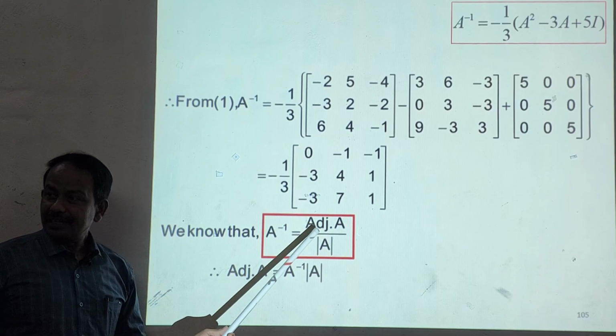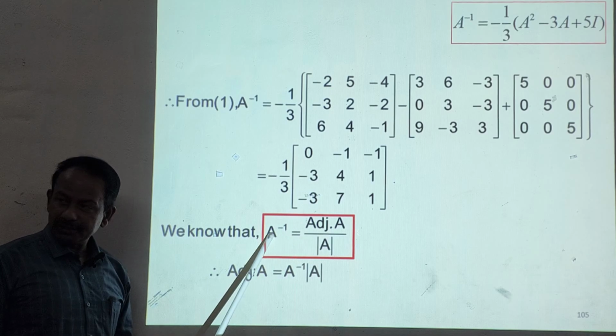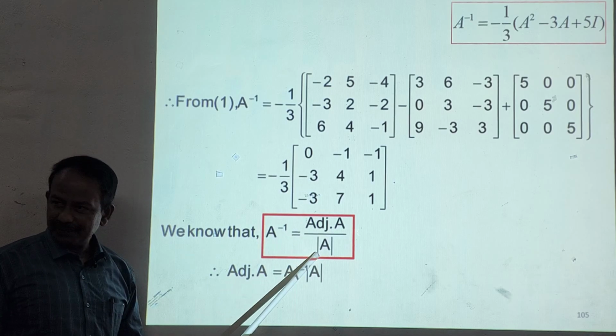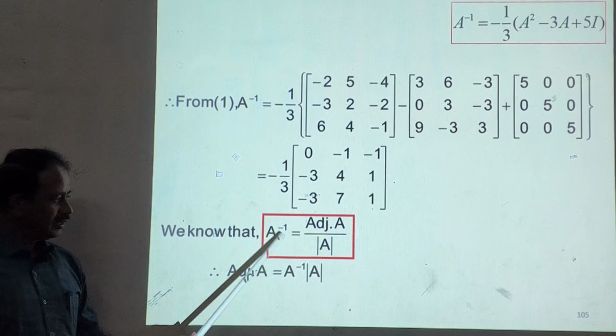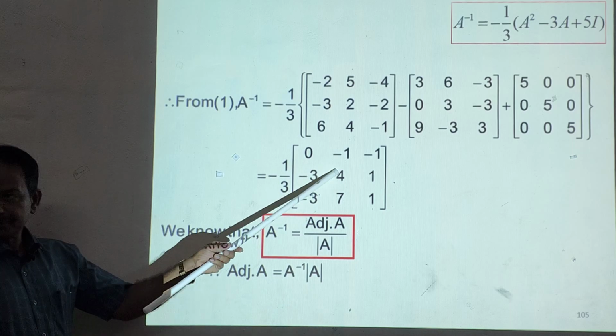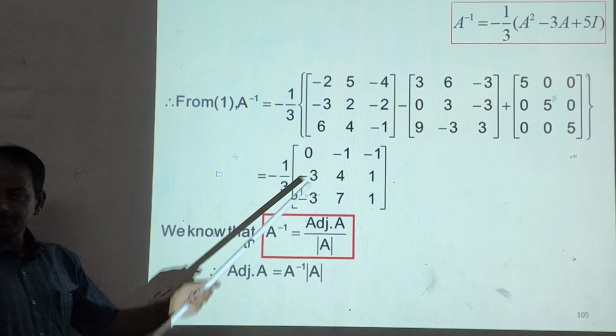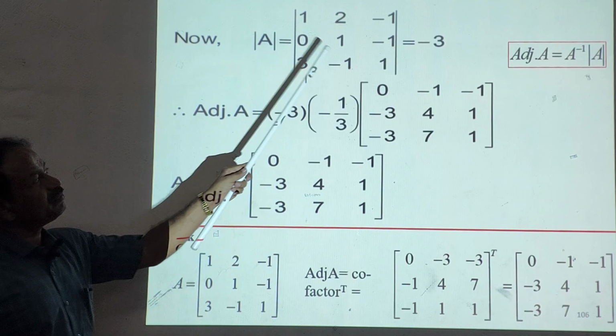We will have to find out adj A. Only adj A is asked. So cross multiply: we have already found out A inverse, and we know det A. Cross multiplying will give you adj A. Adj A will be A inverse multiplied by det A. A inverse we have already found out. We will have to find out only det A.